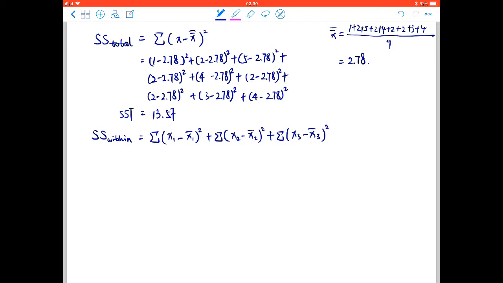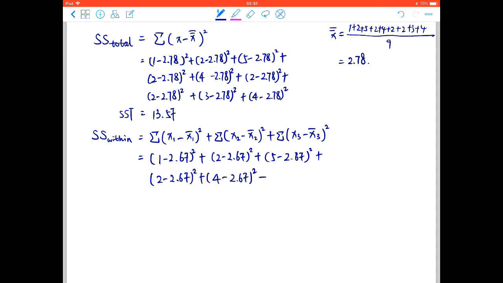So please remember and be careful, do not mix them up. The first one is (1 minus 2.67) squared plus (2 minus 2.67) squared plus (5 minus 2.67) squared, plus, for the second set of data, (2 minus 2.67) squared plus (4 minus 2.67) squared plus (2 minus 2.67) squared, plus, for the third set of data, (2 minus 3) squared plus (3 minus 3) squared plus (4 minus 3) squared.